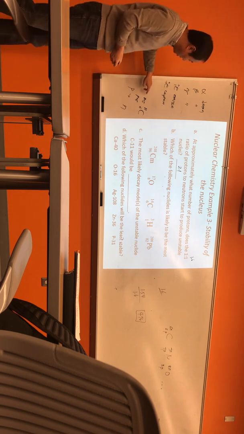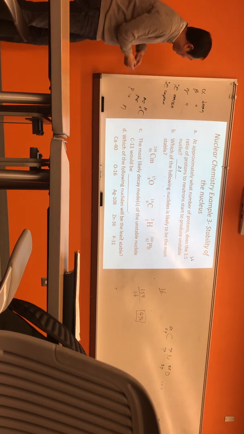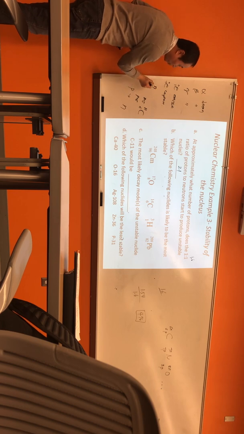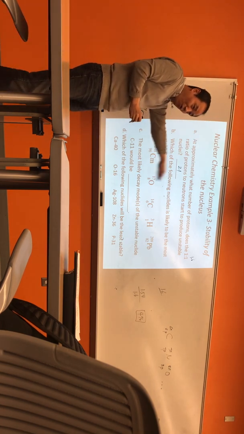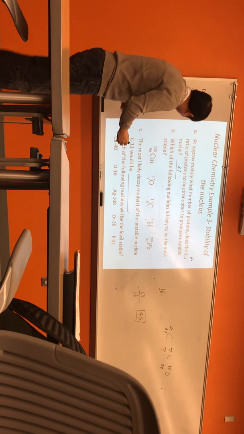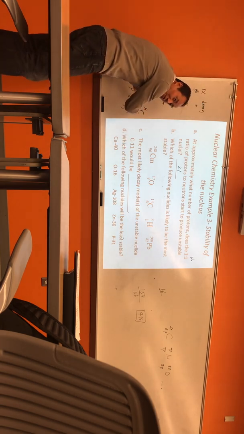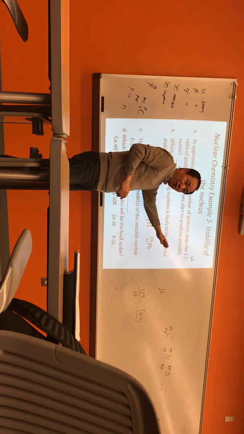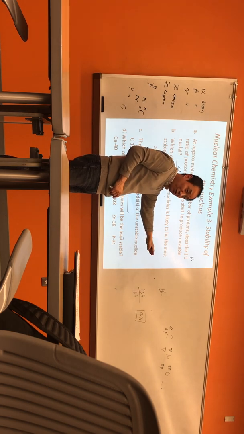Or you could just say, because this N to P ratio is less than 1, that's below the belt. If it's below the belt, even without thinking too much about algebra, from the graph you just remember that below the belt, it's either electron capture or positron emission. One of them will be the answer.